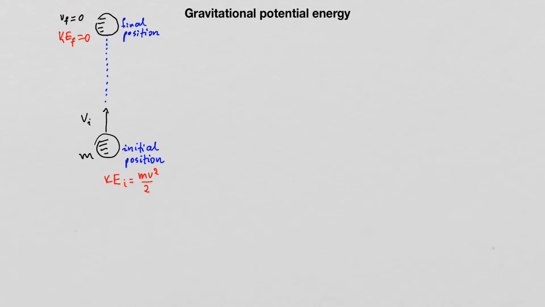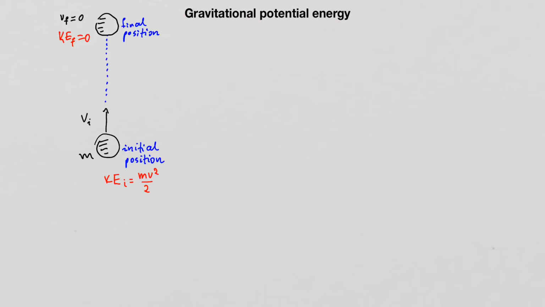But we also know that energy is neither destroyed nor created, so that means that this initial kinetic energy that decreased as the ball went up in the air and became 0 couldn't be just vanishing. It doesn't vanish into nothing. It must be converting into something else. Well, it is converting into gravitational potential energy.